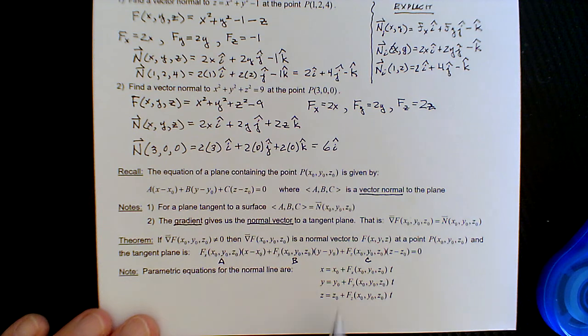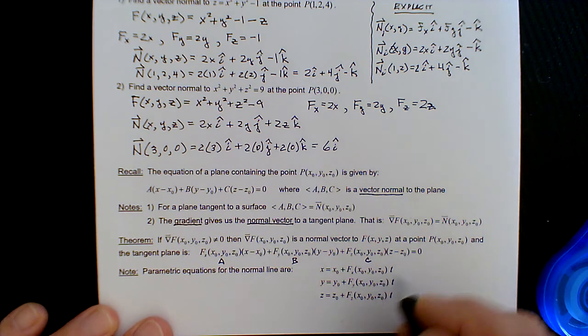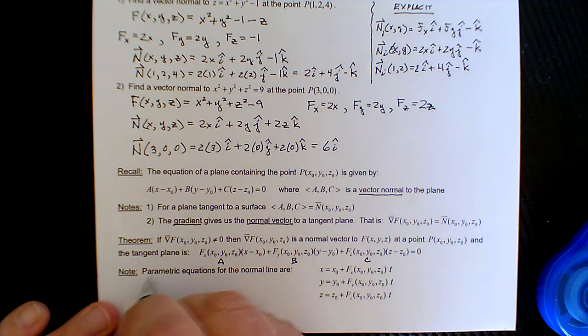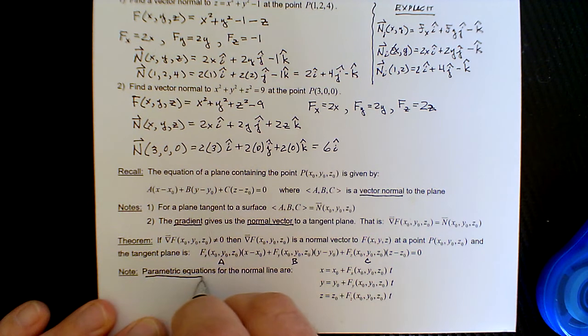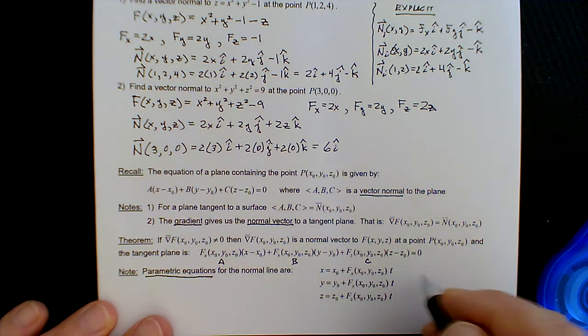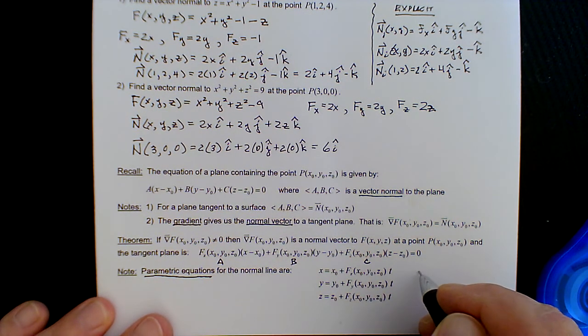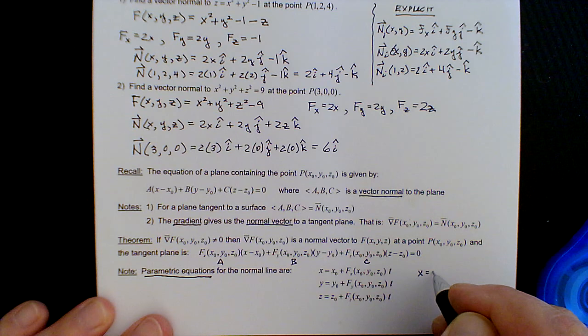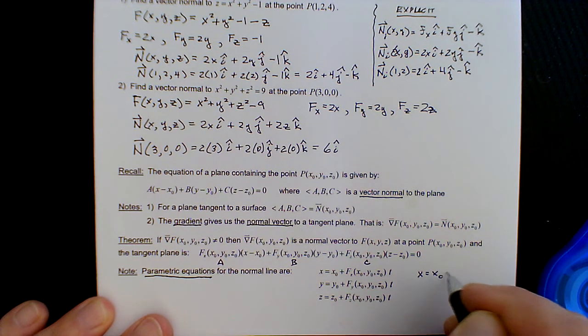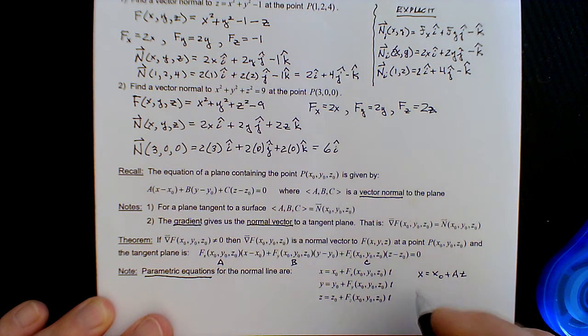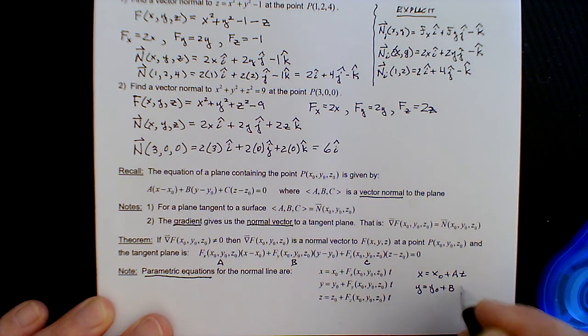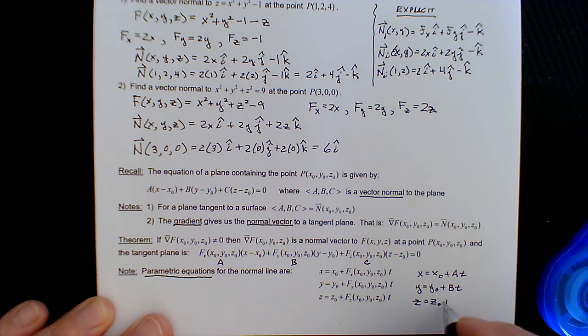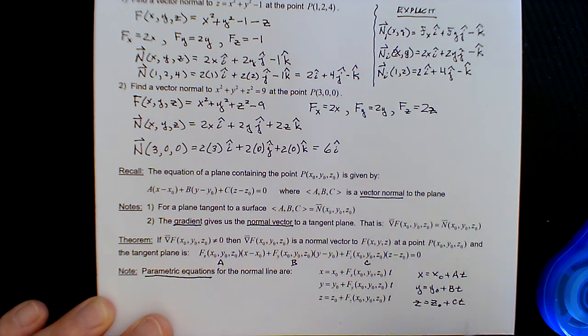And then similarly we have for the normal line the parametric equations that we studied in the first unit. So this would be essentially x equals x sub 0 plus at, y equals y sub 0 plus bt, and z equals z sub 0 plus ct.